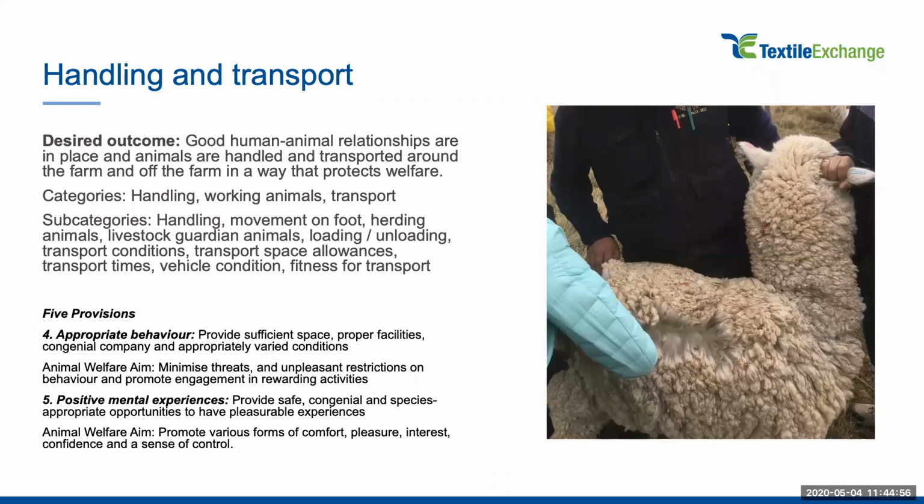The point of the standards is to set up a framework to make sure that all animals are handled calmly, and if they have to be held in one spot, as here, when looking at some fibre quality, that it's done in a manner that doesn't cause stress to the animal. This is about good human-animal relationships, and animals being handled and transported around the farm and off the farm in a way that protects welfare.